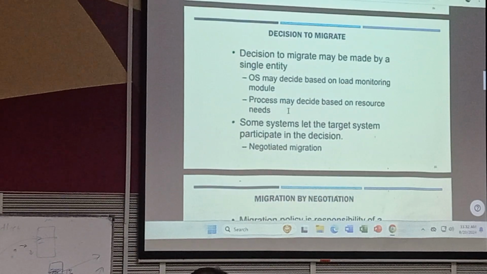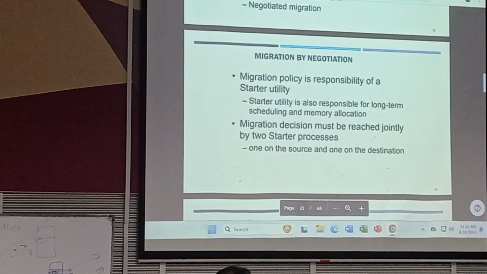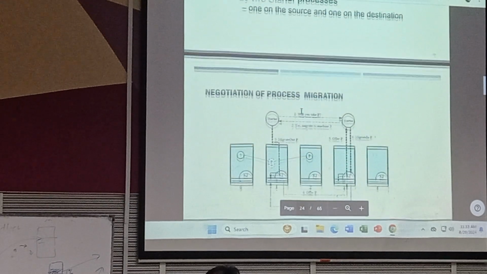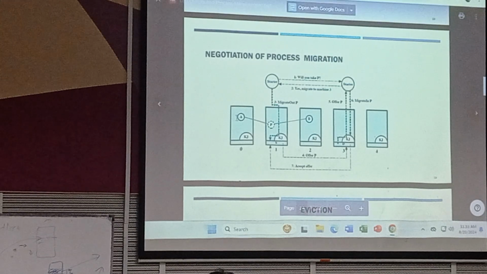So the decision to migrate is made by the OS or the process, but we also need to look in a little more detail at the negotiation when you do the migration. There's some kind of policy happening. There's a starter utility to start the migration. This picture here shows it. The destination process may be this one. It has its own starter code, and this also has a starter code which will initiate.